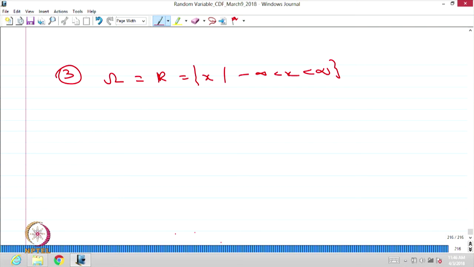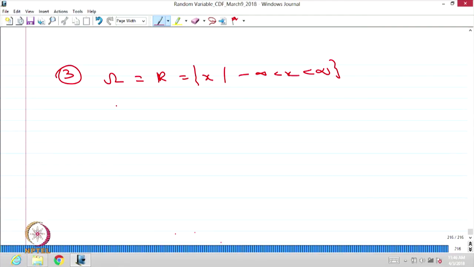Now we are going to create the sigma field on omega, consisting of uncountably many elements. Obviously, here also the trivial sigma field is going to be the empty set and the whole set.